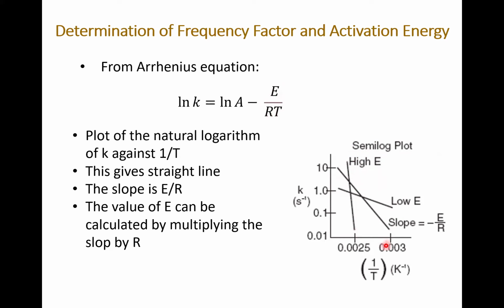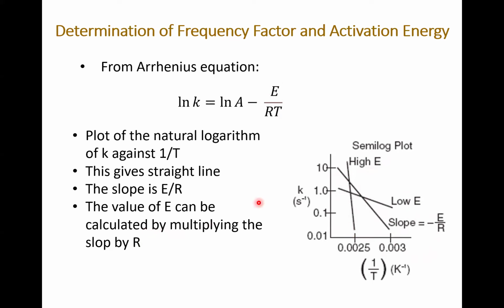And if you have low activation energy, the slope will be less steep. You can find this kind of trend, because R is constant. So basically, the more energy you need to activate the reaction, the higher the slope will be.